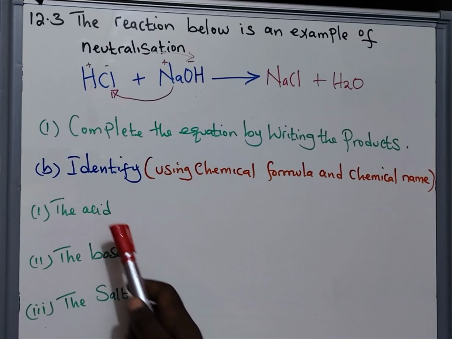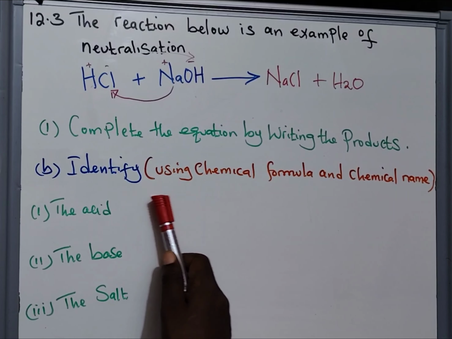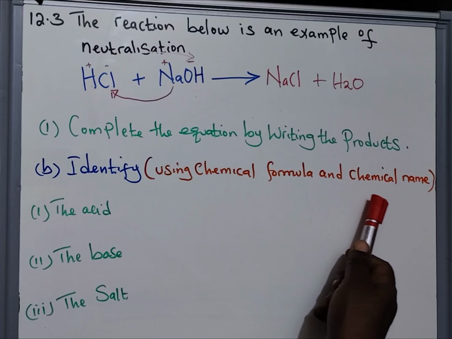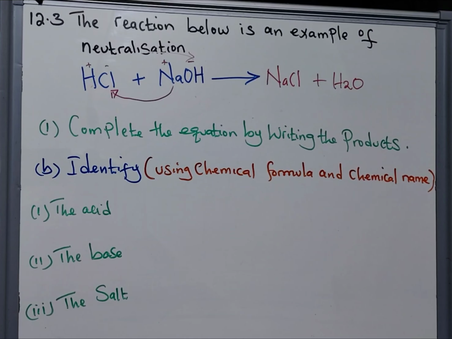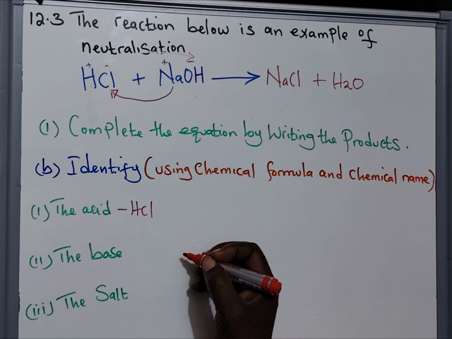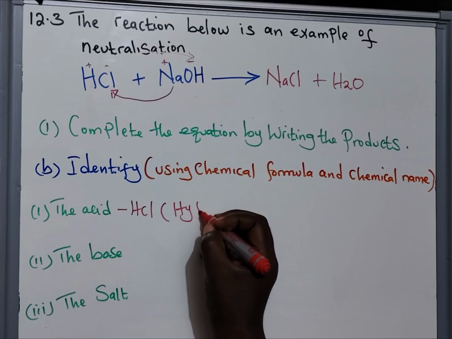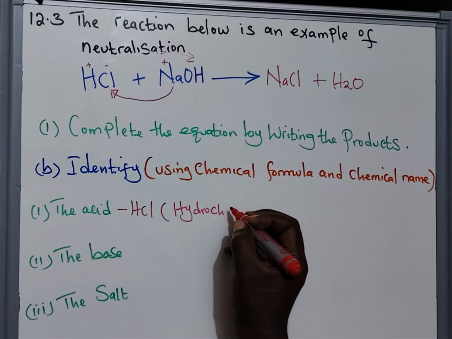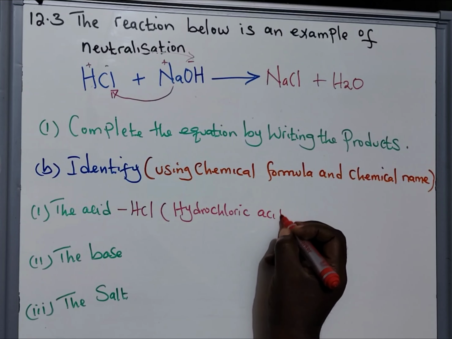Yeah. Then comes this question. It says that identify, using chemical formula and chemical name, the acid. So which one is the acid here? The acid is HCl as the chemical formula, and the name is hydrochloric acid.